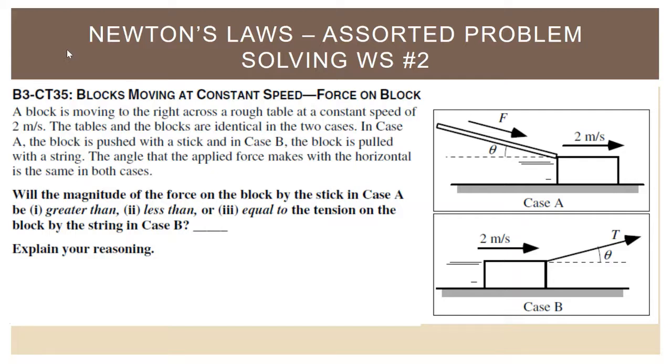The angle the applied force makes with the horizontal is the same in both cases. Will the magnitude of the force on the block by the stick in case A be greater than, less than, or equal to the tension on the block by the string in case B?